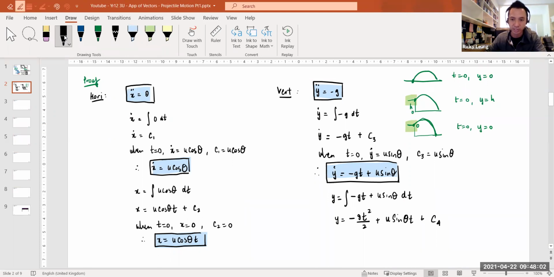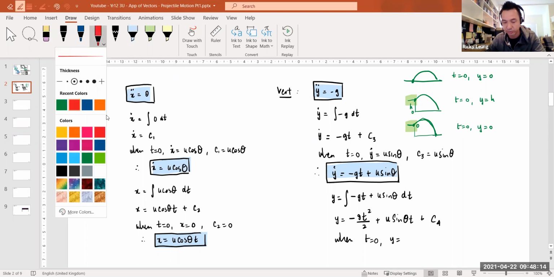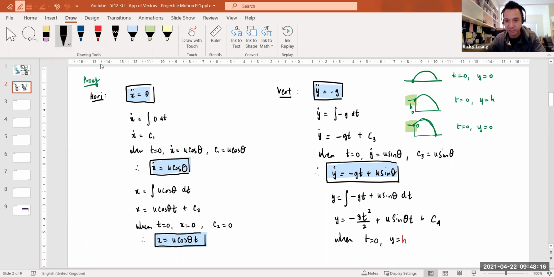So for this derivation, when t equals 0, y equals h, I'll put in h generically, because h can be 0. You can see that C4 is h.